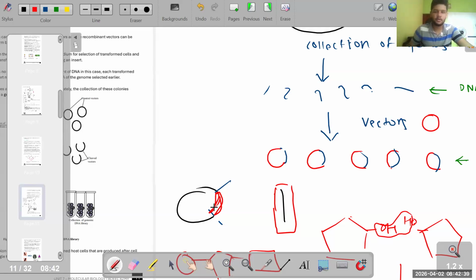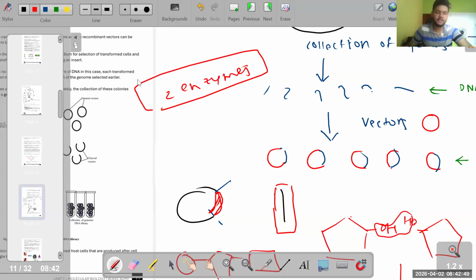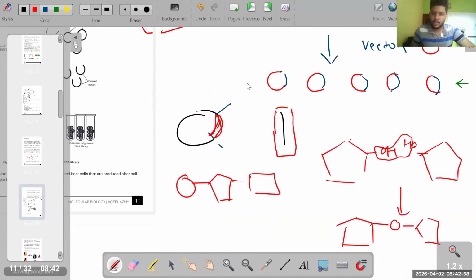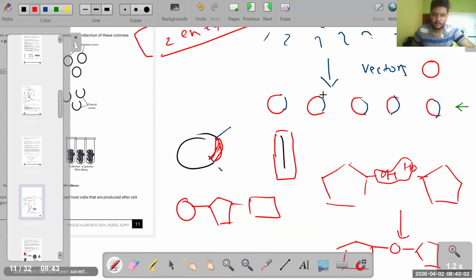You understand now? So there are two enzymes involved here. This is not a direct point. We should have this knowledge. We learned about this in the last class, so they won't be repeating that in this part. Right? Okay. Now they are saying, what type of vectors have we formed? What type of vectors are these?